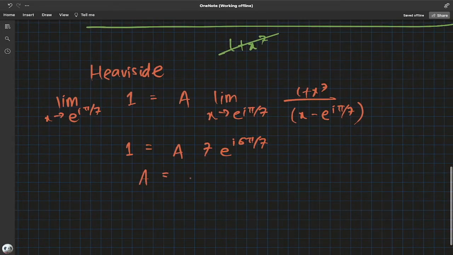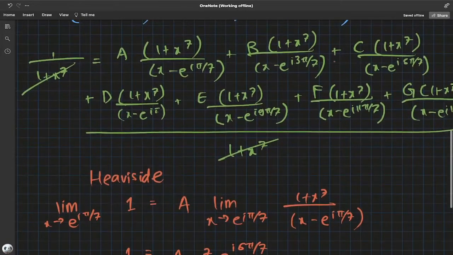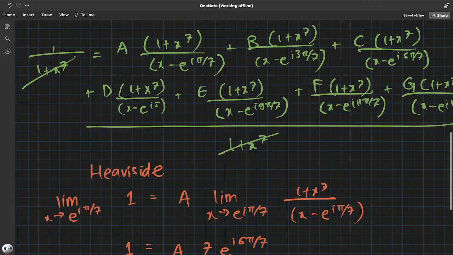And A just becomes simply 1/7 e to the negative I 6 pi over 7. That's it. That's literally it. Because everything else just went to 0, right? I showed that because as long as the denominator is non-zero, which it is for this first root, since the roots are distinct, we don't need to worry about any other L'Hopital's rule going on. The only L'Hopital's rule is here for A, because we had a 0 over 0 situation.